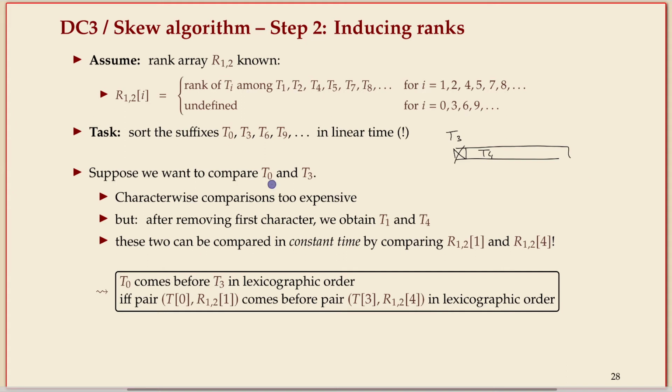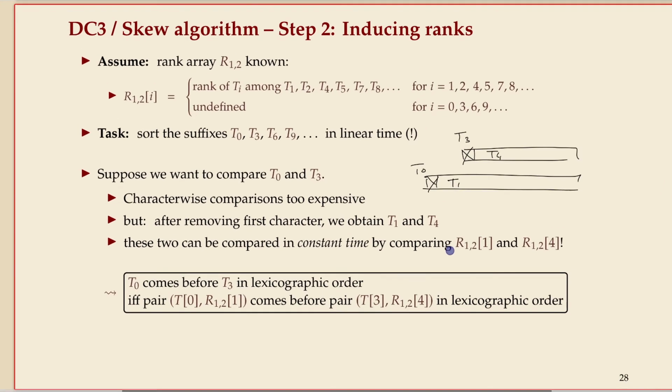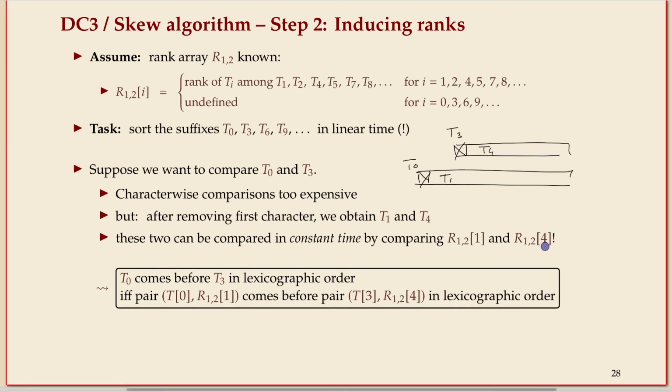If I compare T3 with T0, and also chop off the first character, I'm left with T1. This game again. And those two I can compare by looking at their ranks. So T1 comes before T4 if and only if it has a smaller rank in the rank array. So if R12 of 1 is smaller than R12 of 4. Okay.